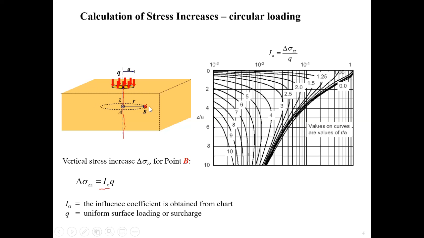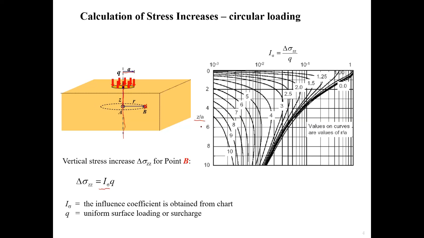For this design chart, if we look at the vertical axis, this is Z over A, the ratio of Z over A. This Z is the vertical coordinate of point B, and A is the radius of the circular loading.